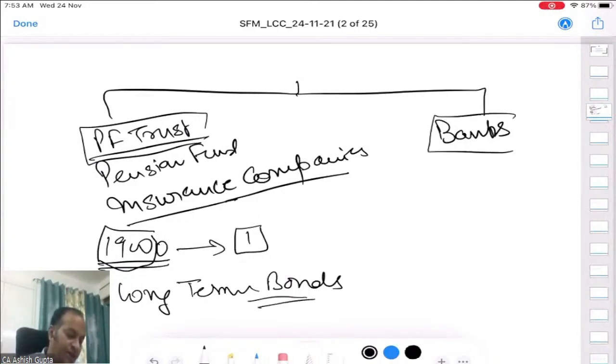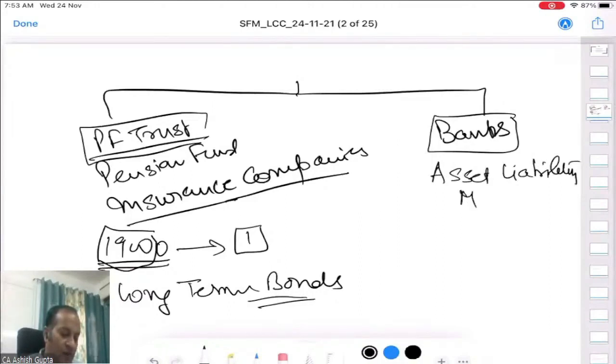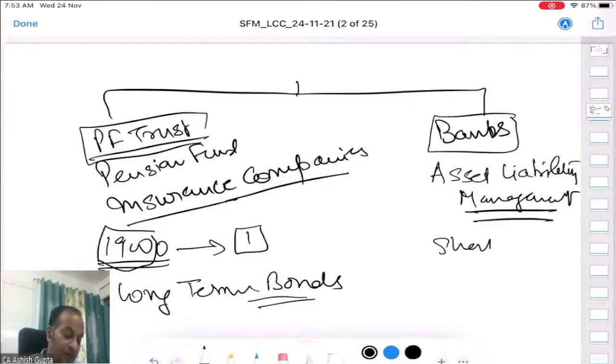On the other hand, banks normally require the money on a short-term basis to meet the requirement of the depositors, their withdrawals. There is one term, asset liability management, where they have to manage their assets and liabilities. You must have studied this term in your auditing. So here they have to make some investment in short-term bonds.